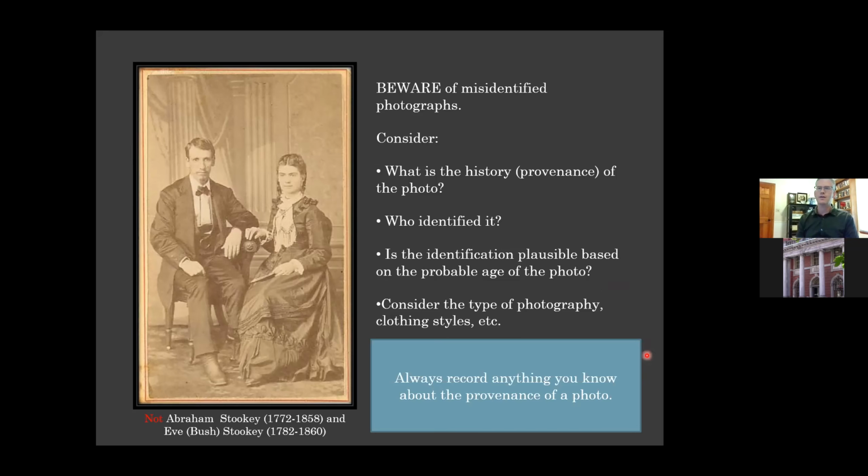And then just a reminder, whenever you have a photo and you know who is in it, label it as to who's in it, but also say how you received it. Who was it passed through? Was it from your grandmother or what? Because that history is going to be interesting to people in the future.